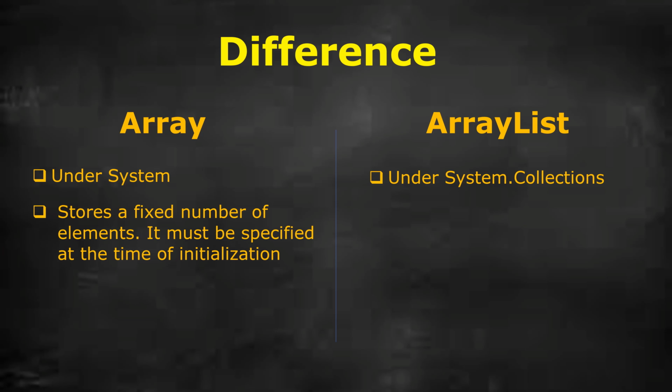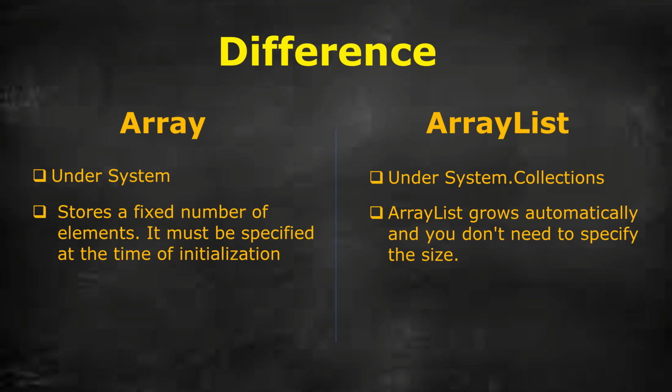In array, you can store a fixed number of elements, while in ArrayList, you don't need to specify the size. And array is strongly typed. What does strongly typed mean? This means that the array can store only a specific type of elements or items, while in ArrayList, you can store any type of items or elements.